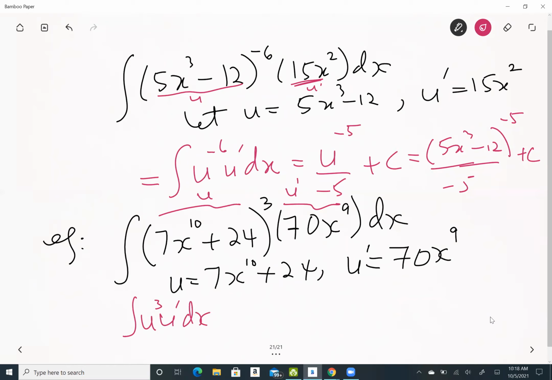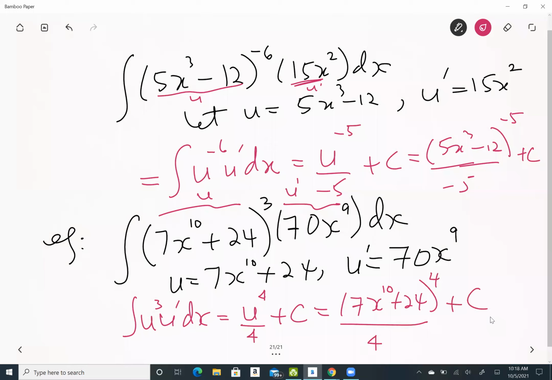So what is this integral? The integral will be equal to u to the power of 4 over 4 plus c. And then put back the u. So I have (7x to the power of 10 plus 24) raised to the power by 1, so divided by 4 plus c. Now, any problem?